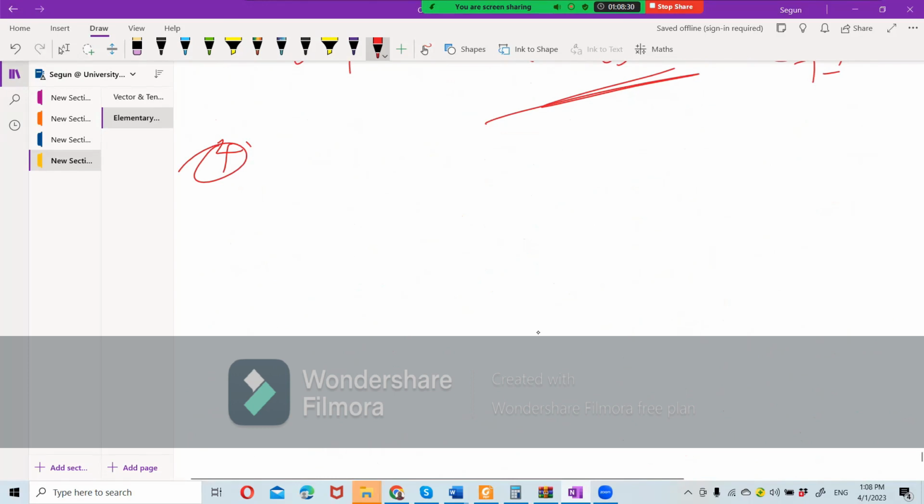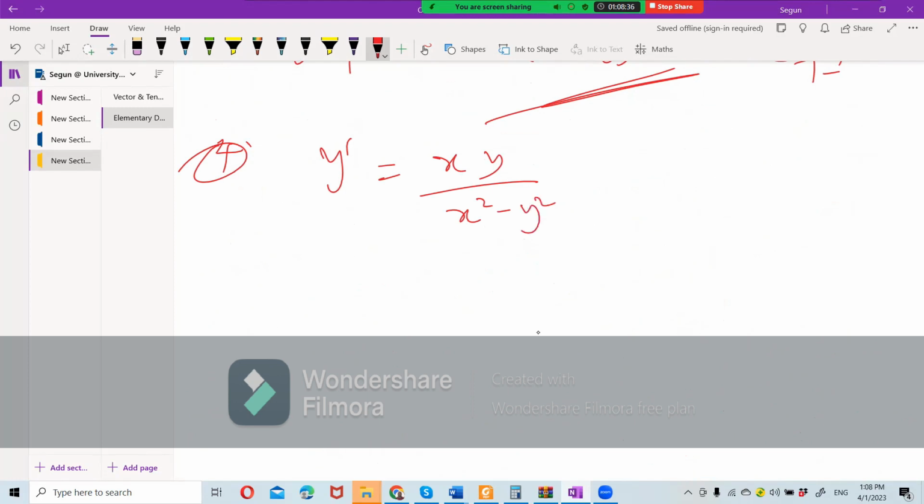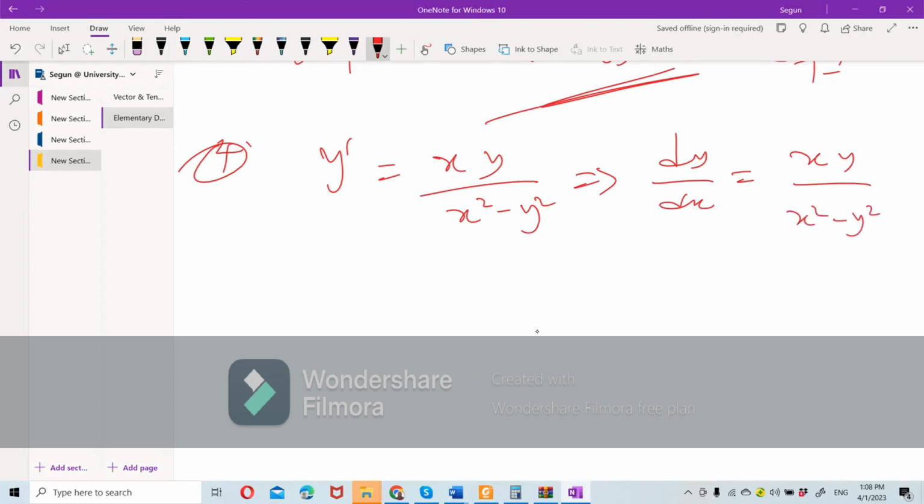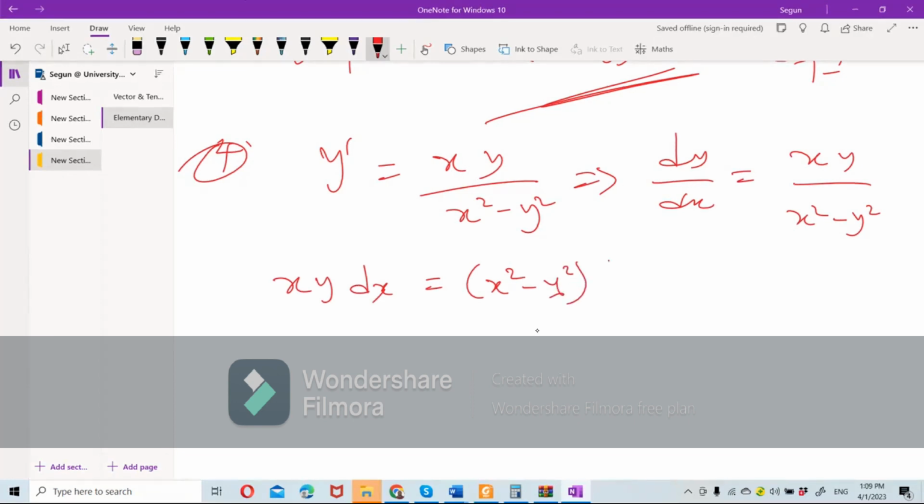Number 4, we have y prime equals xy over x squared minus y squared, which implies dy/dx equals xy over x squared minus y squared. When you cross multiply, what do you have? You have xy dx equals x squared minus y squared dy.